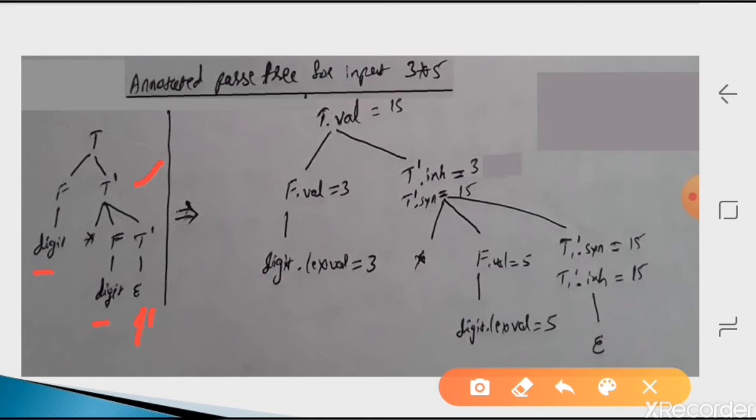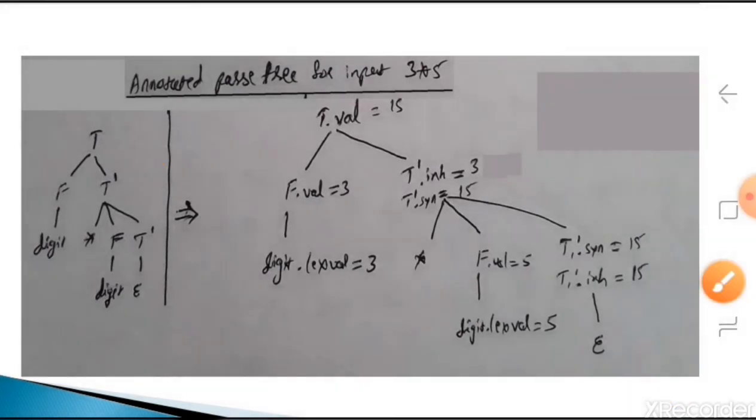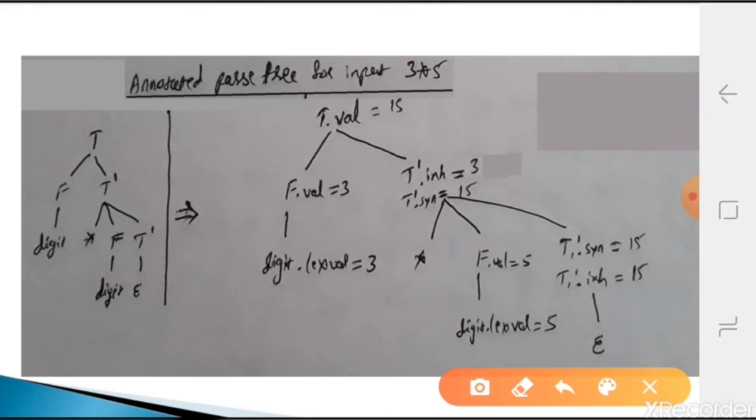Here we give 3, then the star is there, and for this one if I give 5, it serves our purpose, that is the value of 3 * 5 will be obtained properly. Now we'll see how to write the annotated parse tree for this. We write the attributes and corresponding values. First the attribute val.